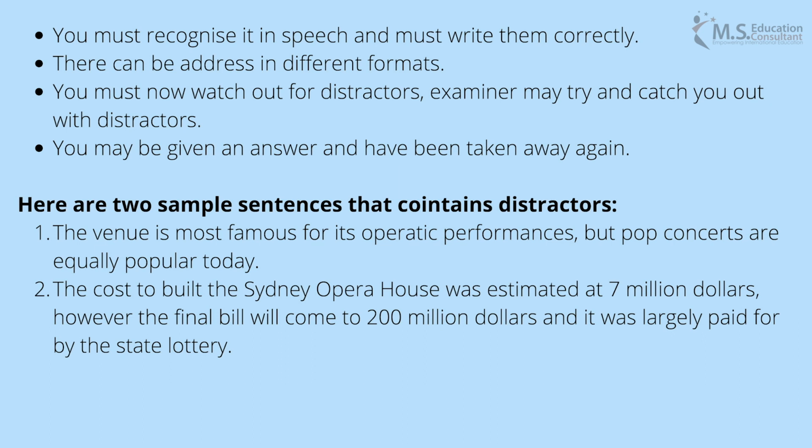You must now watch out for distractors. The examiners may try to catch you out with distractors. A distractor is a word or a phrase that changes or corrects the original piece of information that is given to you. So, you may be given an answer and then have it taken away again.